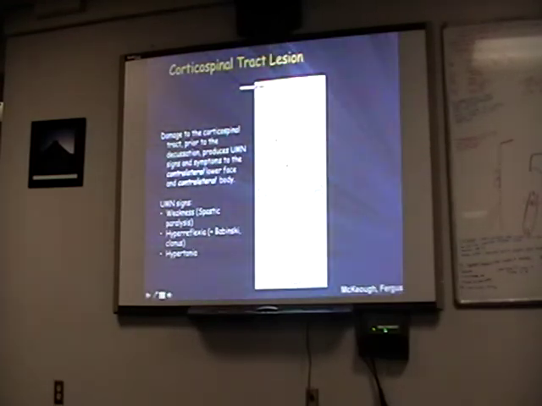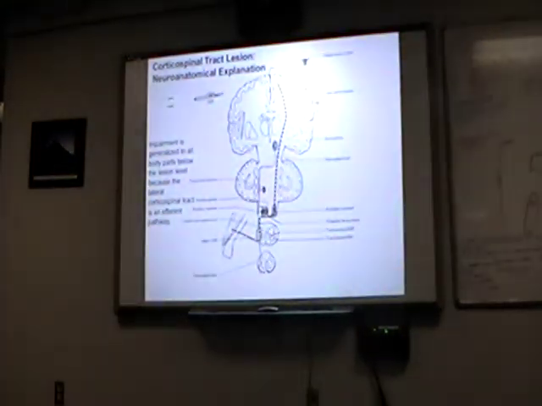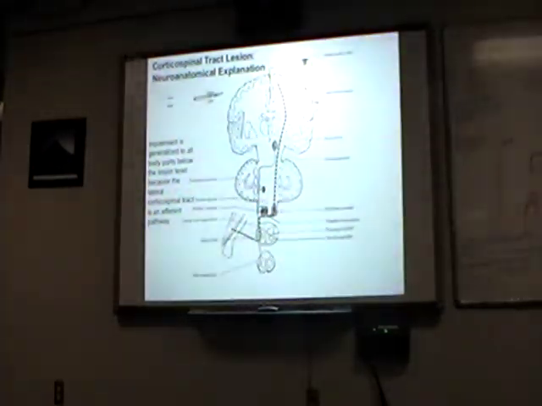Yes. All right, so basically it's damage to the corticospinal tract prior to the decussation, so that's why we had the upper motor neuron signs. And here it is, just looking at it more anatomically. Again, this region in red is what's been involved. So he's had a cortical stroke that's involved the corticobulbar tracts for cranial nerve 7 and corticospinal tracts.